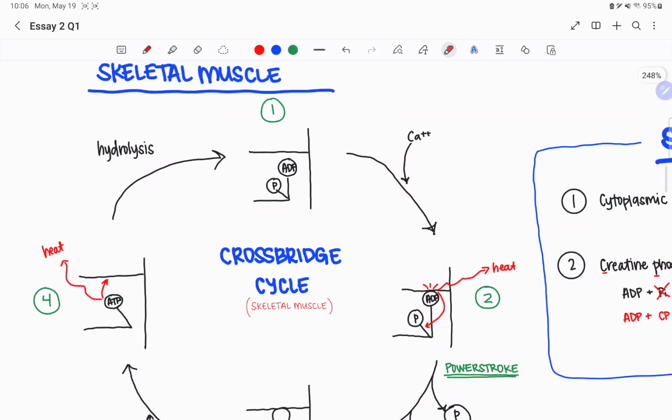Once ATP is bound, we're going to go through some hydrolysis here, okay? So then ATP dissociates into ADP and another phosphate group. Now we are back into our cocked state, right? So it's not too crazy. This is known as our cross-bridge cycle. Okay, this is specific for our skeletal muscle.